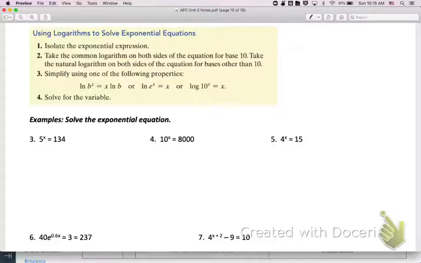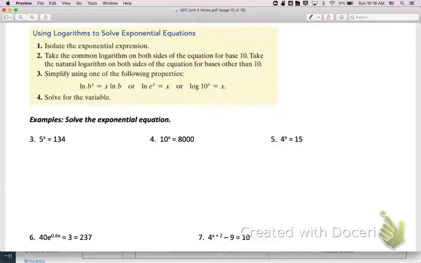Then you're going to take, this says either the common log or the natural log, but we're always going to use the natural log because that's the one we use in calculus the most. Once you have that, you're going to use your properties of exponents or your basic log properties, natural log of e to the x equals x, or log base 10 of x is equal to x, to be able to solve.